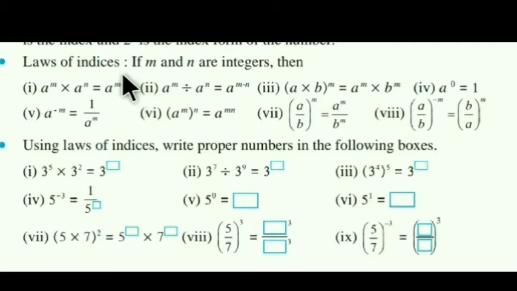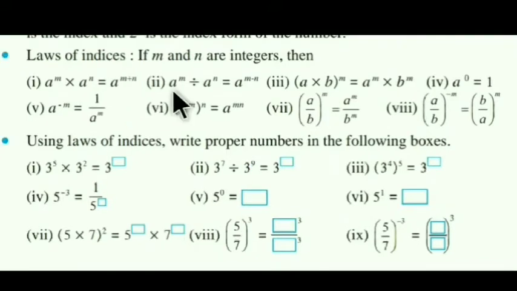Here we add the indices, hence a raised to m plus n. Second law: a raised to m divided by a raised to n is equal to a raised to m minus n. So here you subtract the indices.